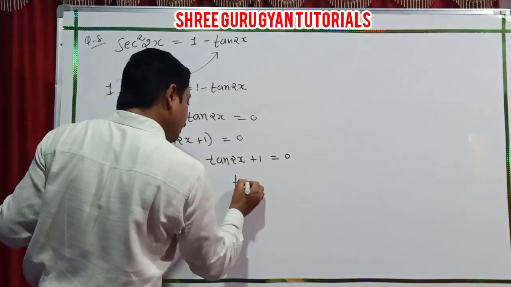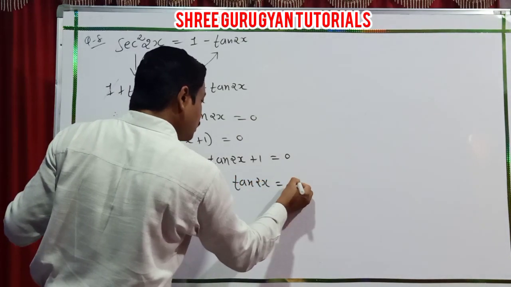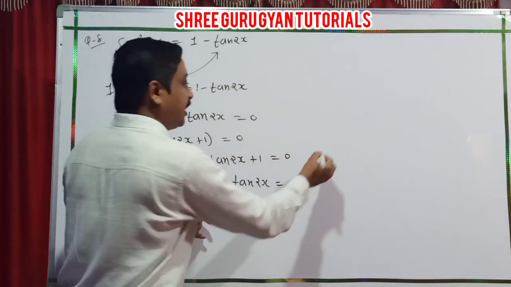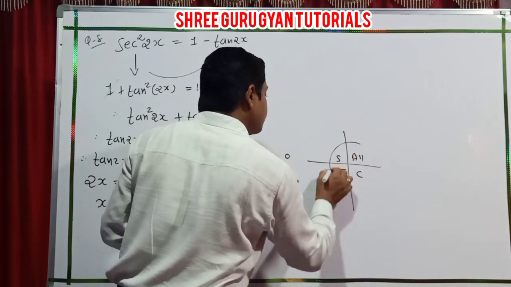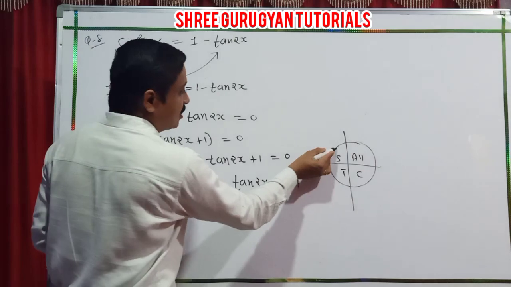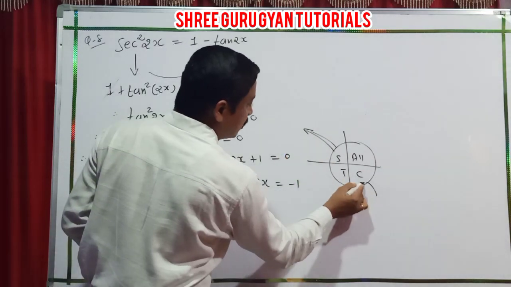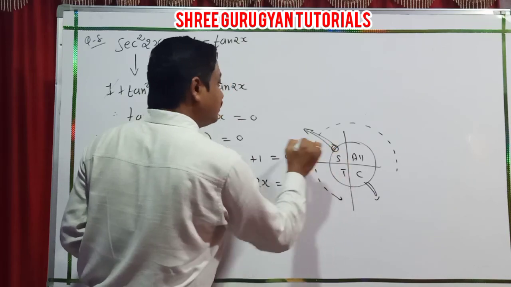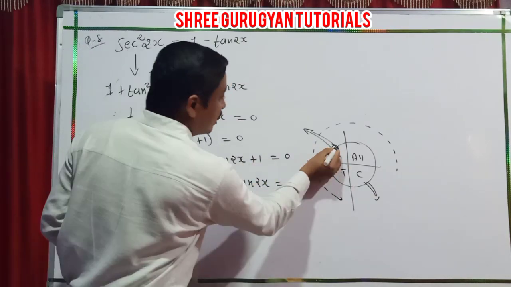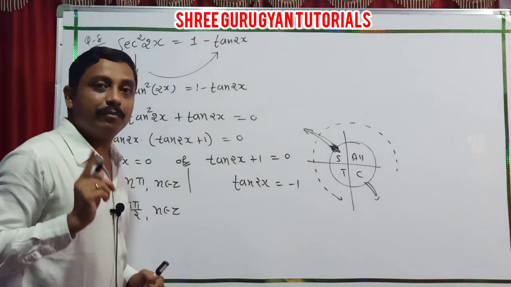Similarly, moving here, tan 2x is equal to minus 1. Now here students, when tan is negative, in all STC wise, you must use this property. Tan is negative here, in anti-clockwise rotation. What is the first angle covered? This one. Yes, and here your angle is in the second quadrant, pi minus.